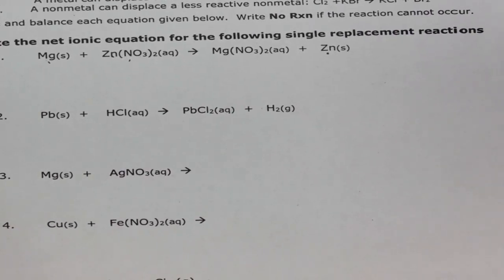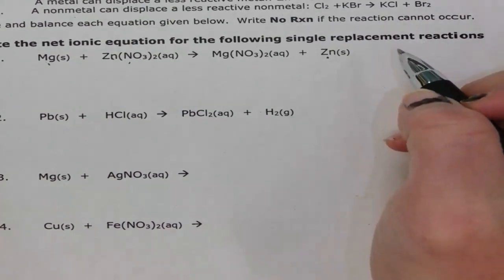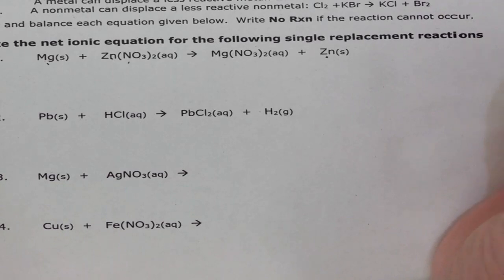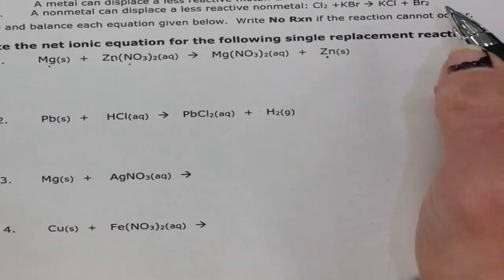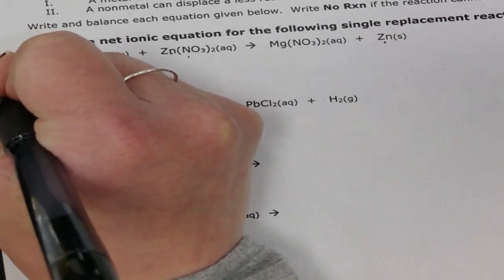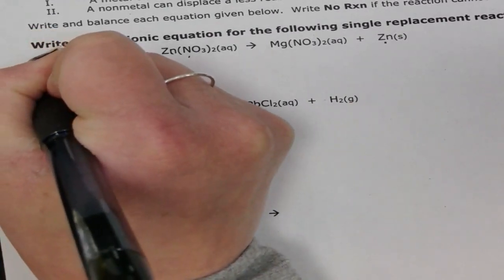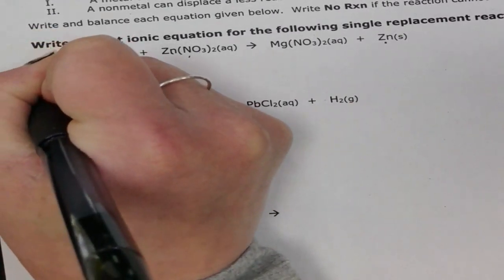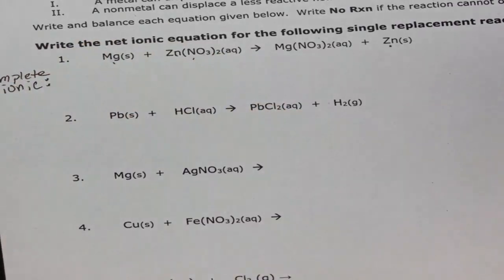So what I'm going to have to do first is balance my equation. And I see that it is in fact balanced. So now I'm going to write a complete ionic equation. This is where I'm going to take all of my aqueous.